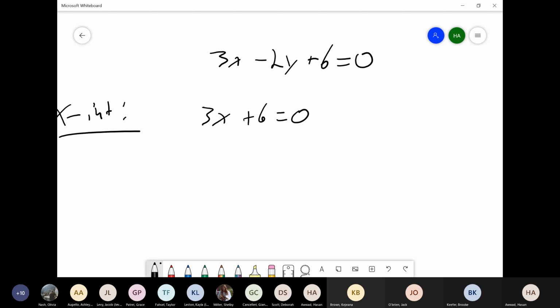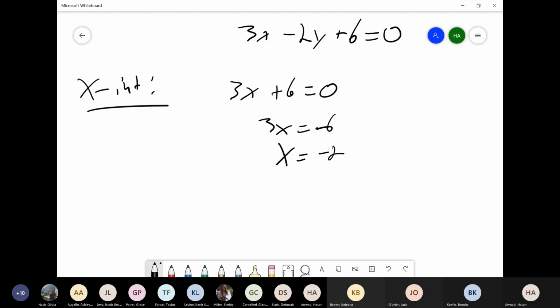Now you just solve for x. We move the 6 over, so we have 3x is equal to negative 6. Divide by 3, and x is equal to negative 2. This tells you that by definition, the x-intercept point is negative 2, 0. For an x-intercept, there is no y component. It's always going to be a 0 for the y. So our point is negative 2, 0.